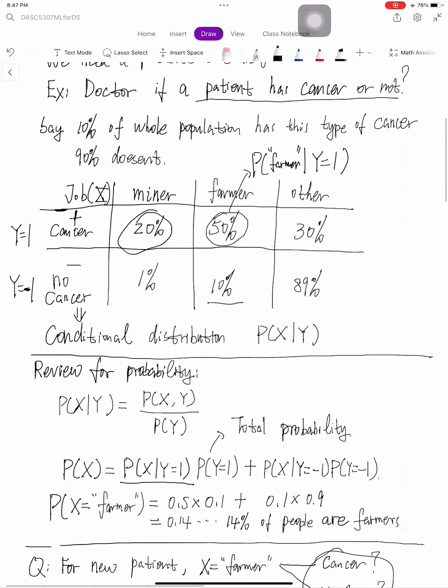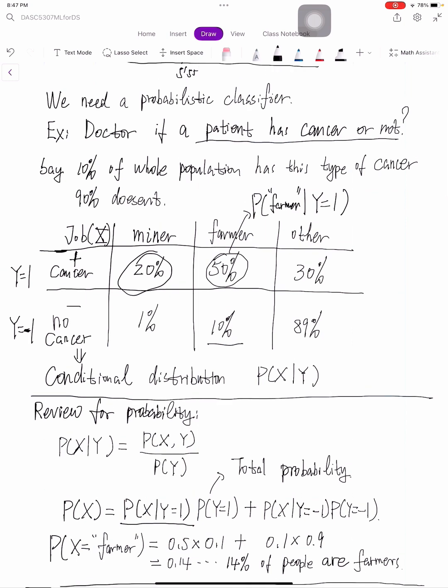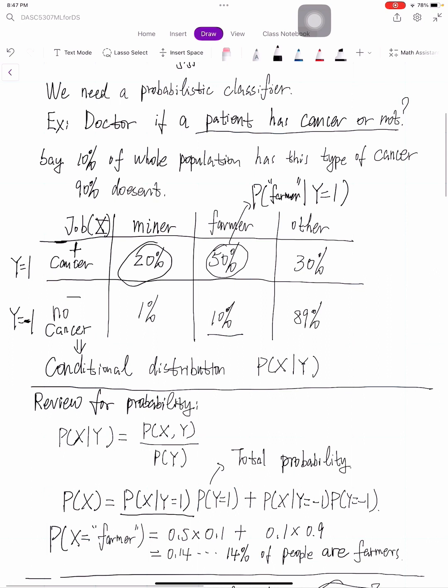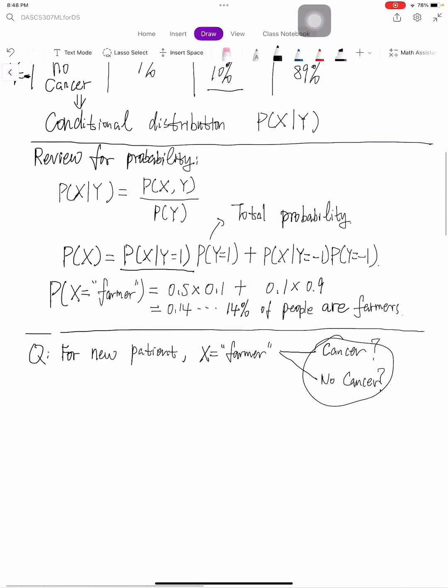There is a typical wrong conclusion: you think 50% of the people with cancer are farmers and 10% of the people without cancer are farmers, so you conclude that a farmer has a higher chance to get cancer, but this is wrong.